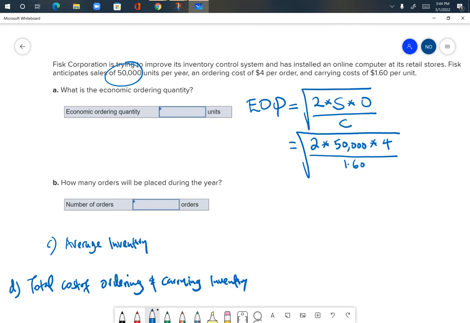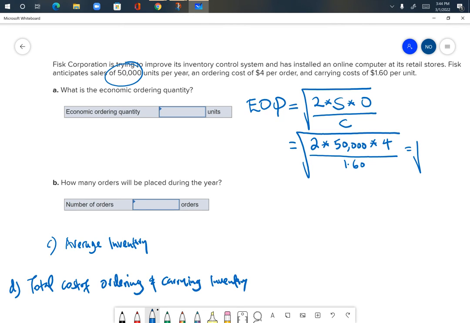Just keep in mind, you're not finding the square root of just the numerator, but the square root of the final result. So 2 times 50,000 is 100,000, times 4 will give you 400,000.